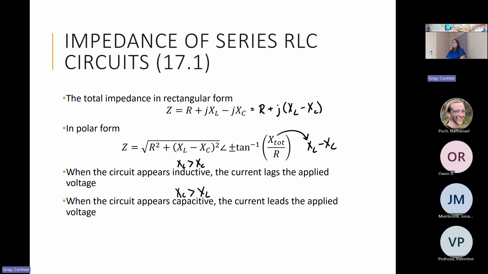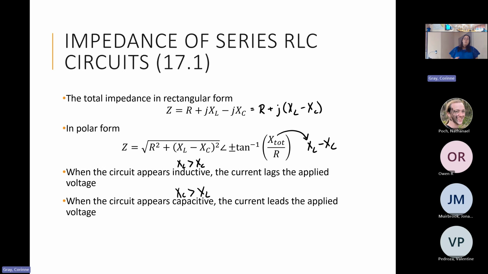Those are the two types that we've talked about so far. Those give us appears inductive, appears capacitive, or whatever slight variation you want to call it, predominantly inductive, predominantly capacitive, and the behaviors are going to look different.